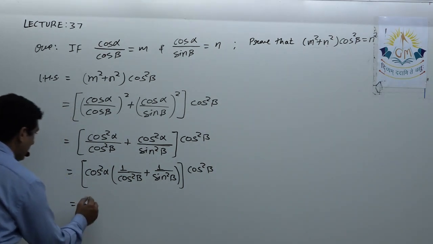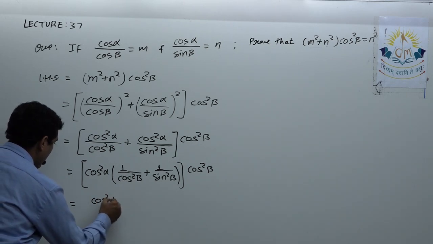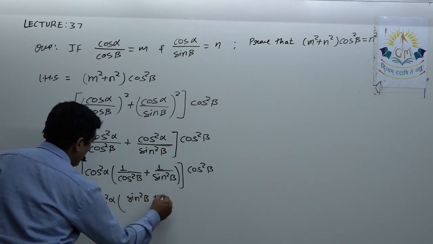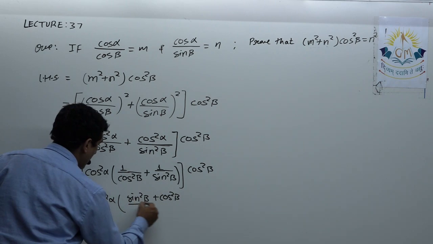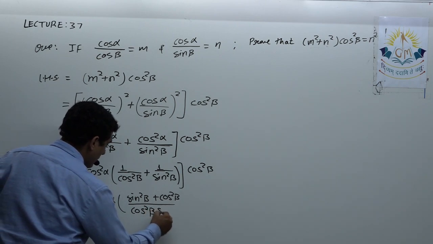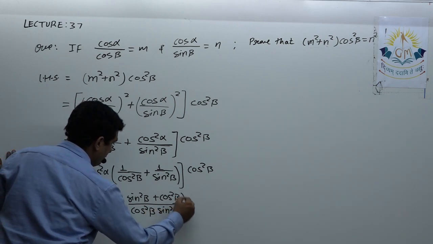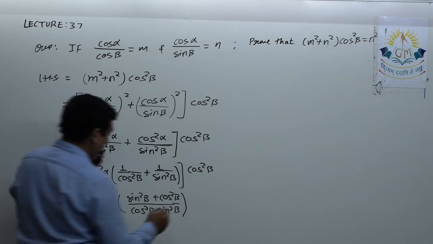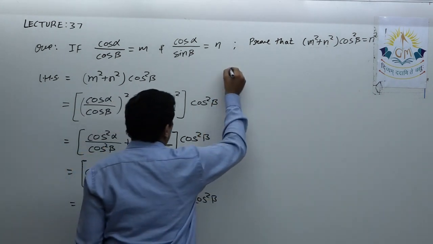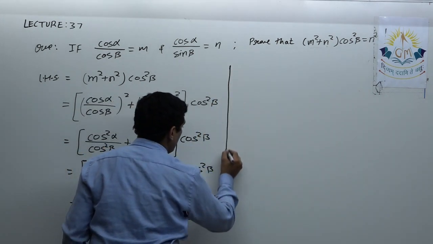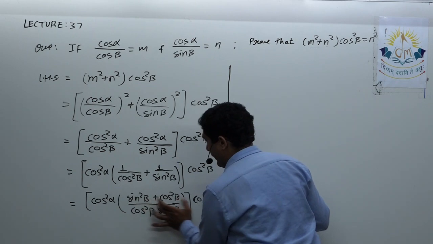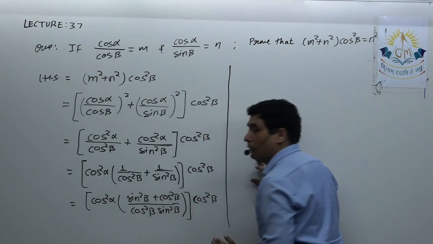So here I can write cos square alpha, multiplied by cos square beta. Okay, now here you can see in the numerator sin square beta and cos square beta is there. It means it is equal to 1.